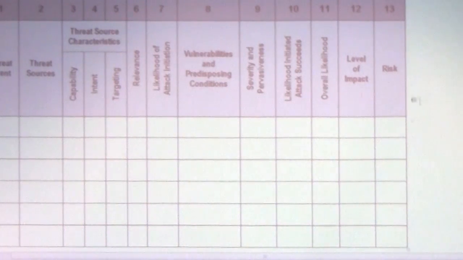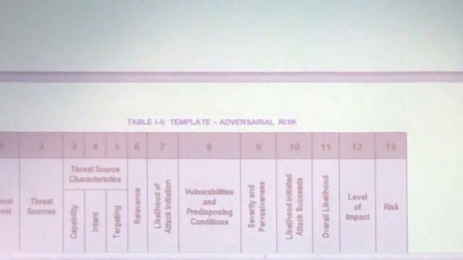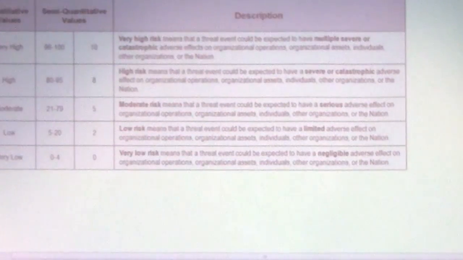We do want to fill out the last column of risk by taking our overall likelihood and our level of impacts that we determined in the previous two steps. That's our risk level that we're going to carry forward.